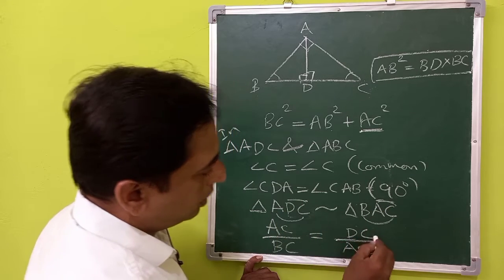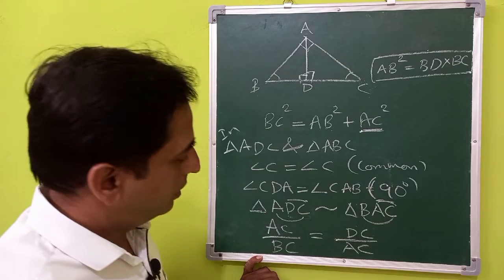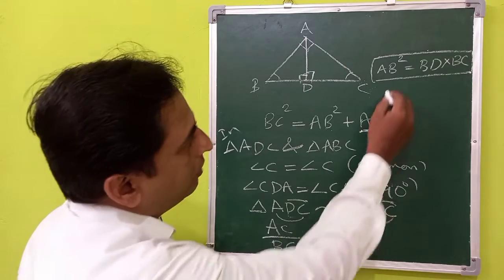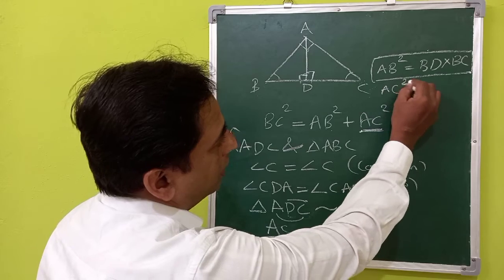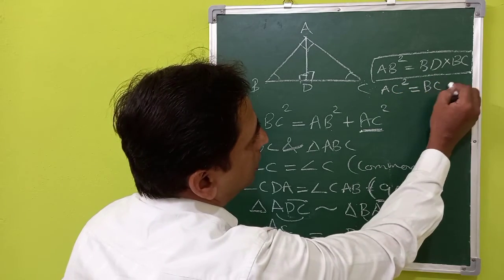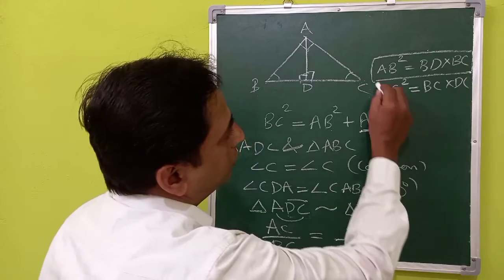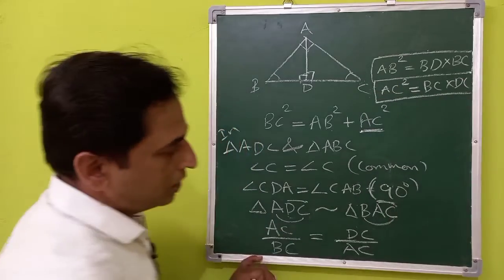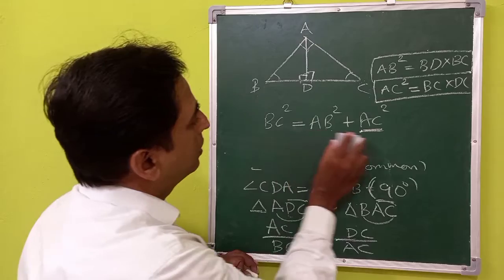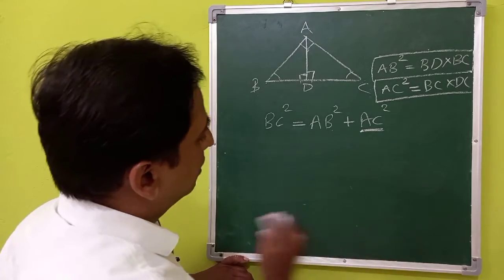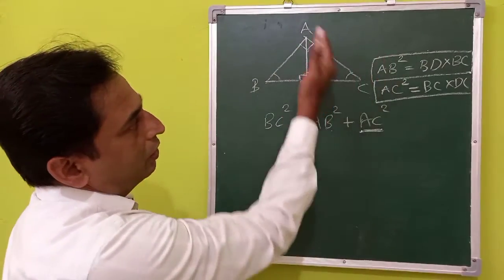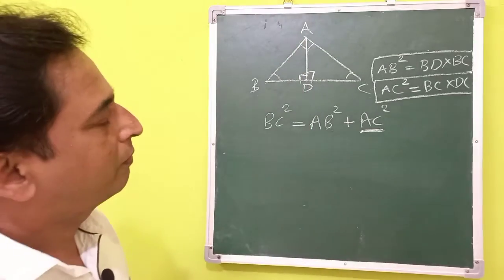So DC will be the corresponding side. If you cross multiply, AC into AC will be AC square, equal to BC into DC. So we have got another equation by considering the other two triangles on the other side of this vertical line.